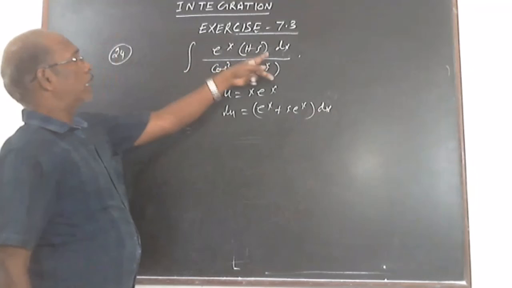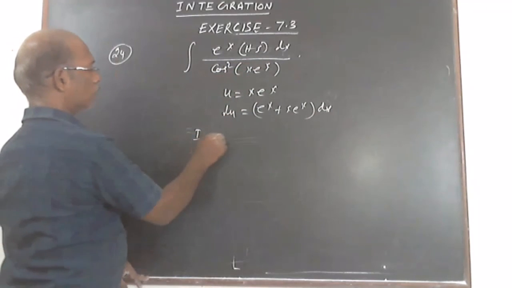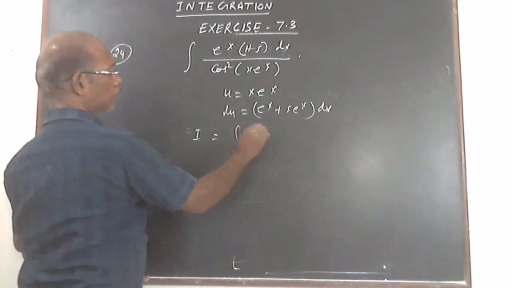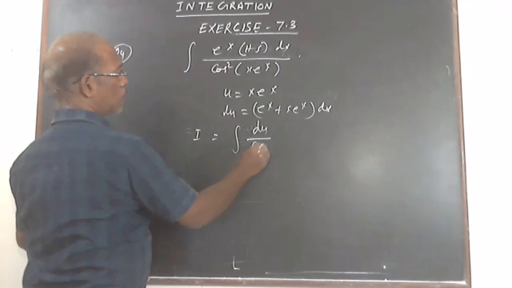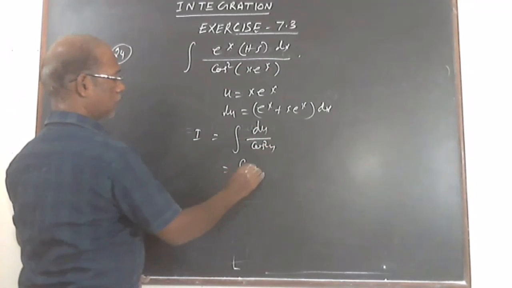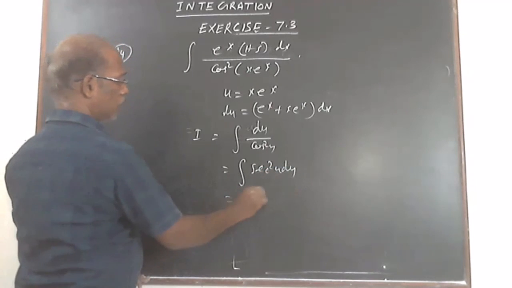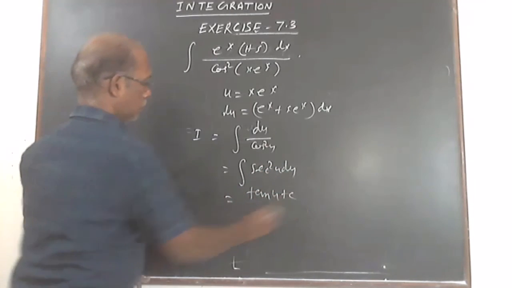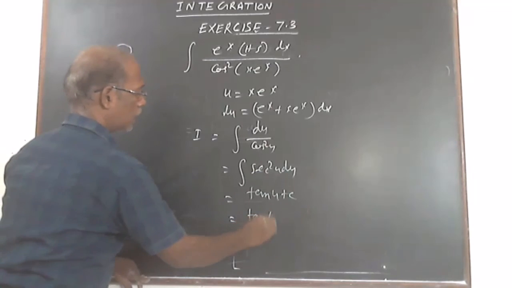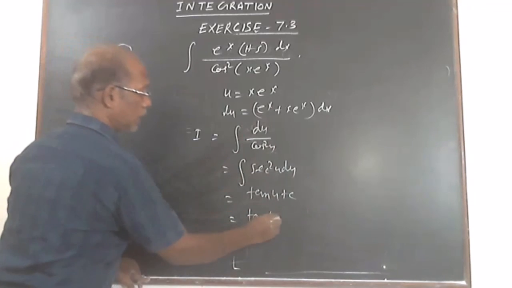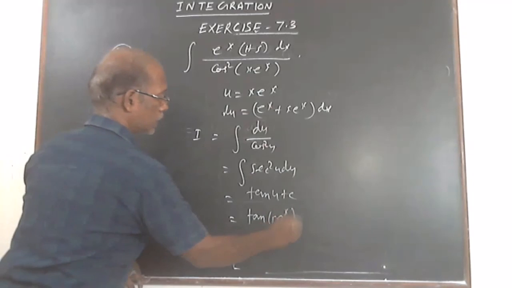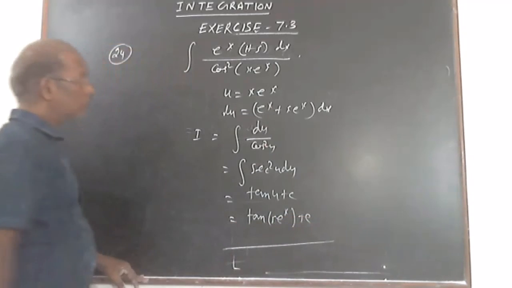The entire numerator is du, so I equals integral of du by cos square u, which is secant square u. The integral of secant square u is tan u, and the final answer is to be presented in the form of u equals x e power x with the integral constant.